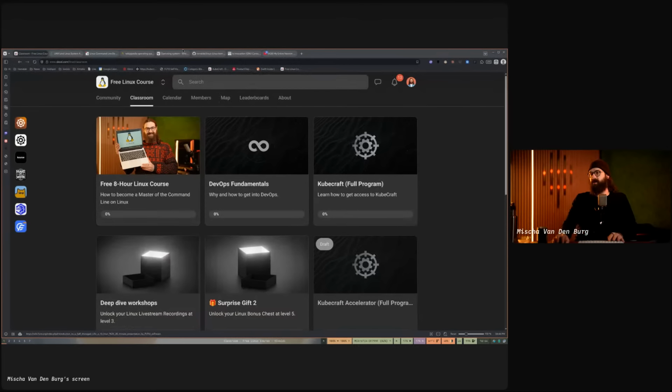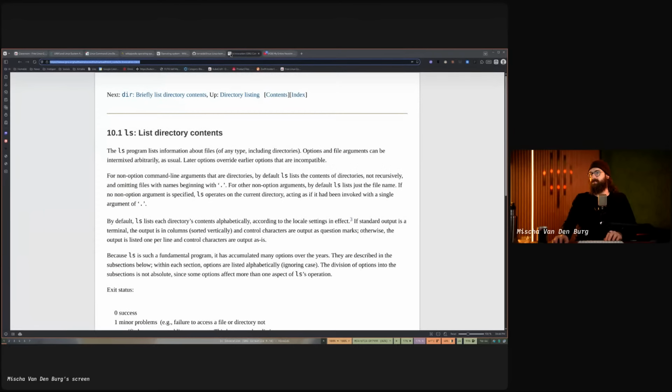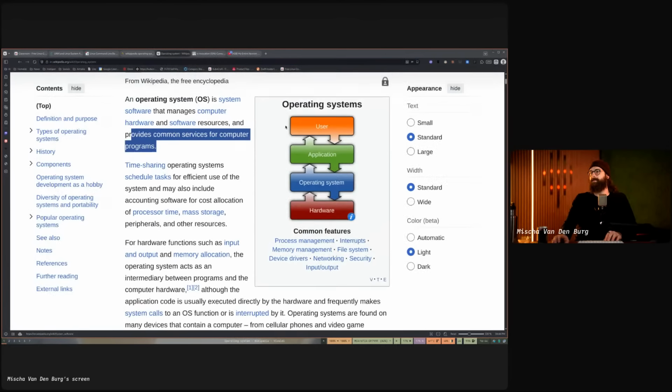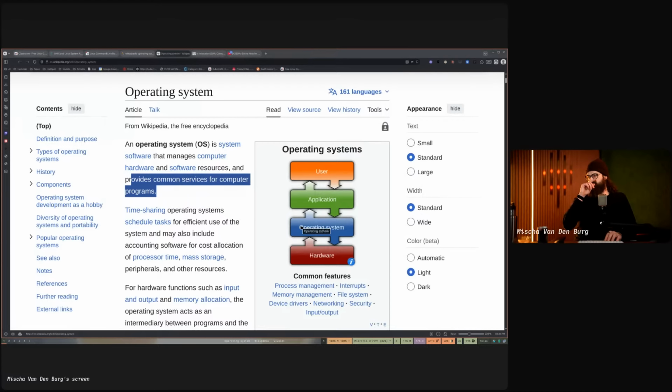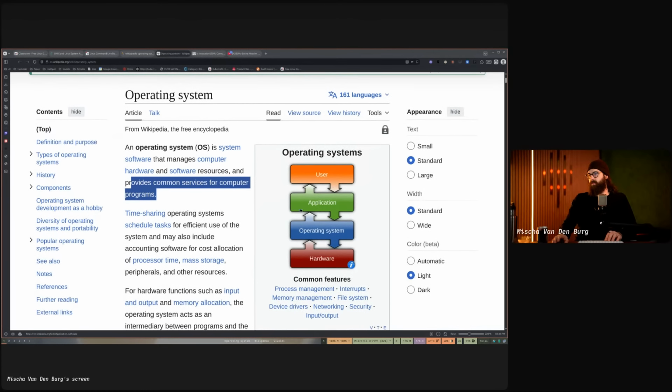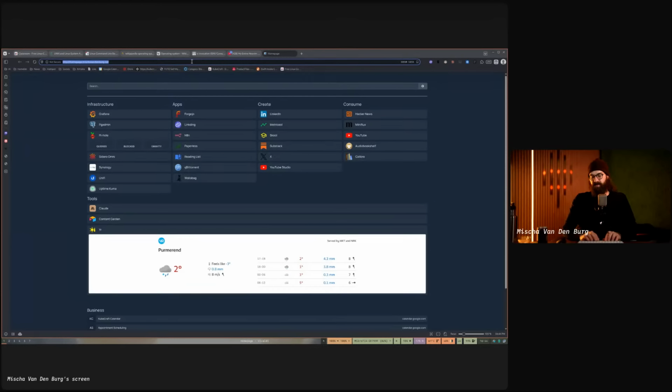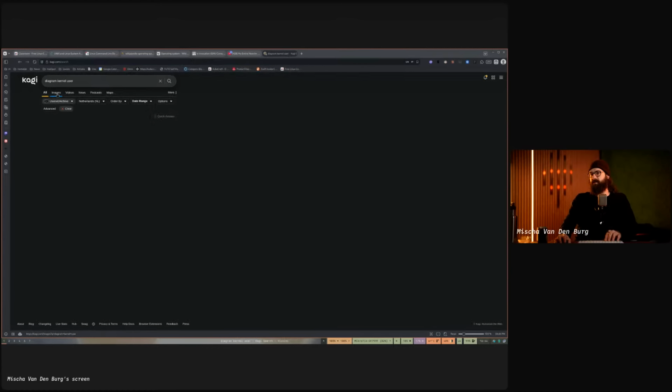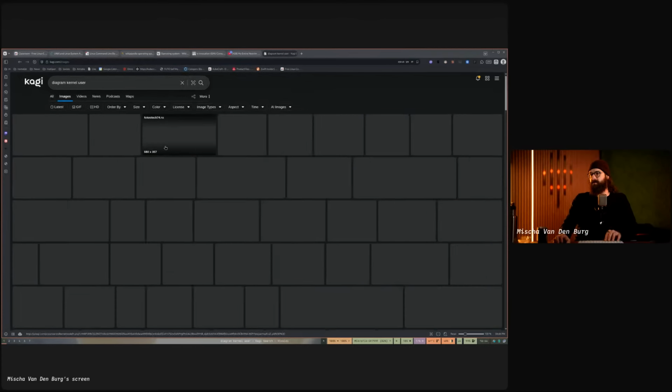But in order to understand why it's important, I think we should go back to this little image here, where we talked about what a command line even is. Let's go a little bit into that. There's this diagram, kernel, user. Let's see if I can find that image.